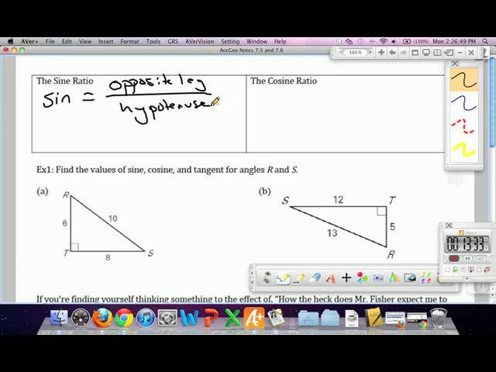It's abbreviated with 3 letters, S-I-N, but it's the sine ratio. Do not pronounce it sin. That annoys me. Sine of an angle is equal to opposite leg over hypotenuse. The cosine ratio, not the cos ratio, it's cosine. Cosine of an angle is equal to the adjacent leg over the length of the hypotenuse.